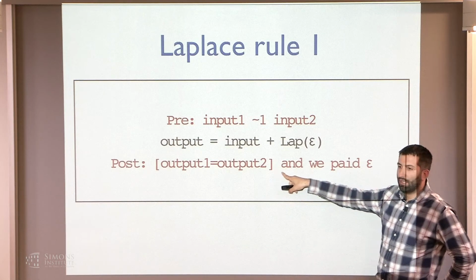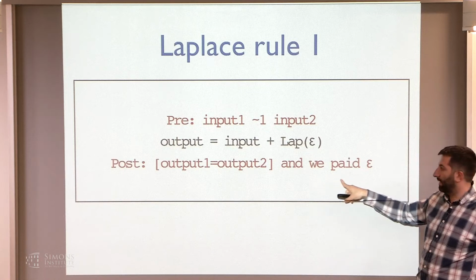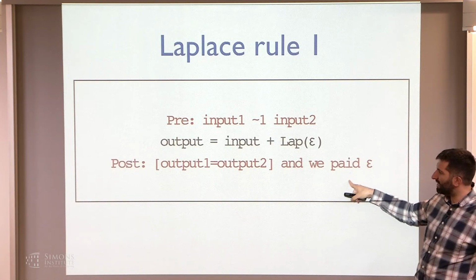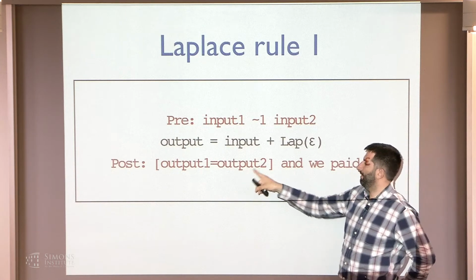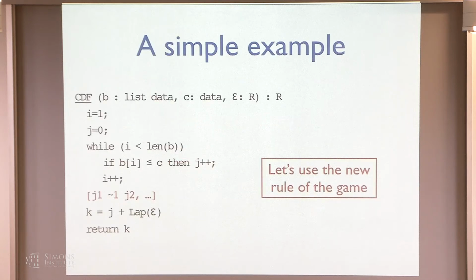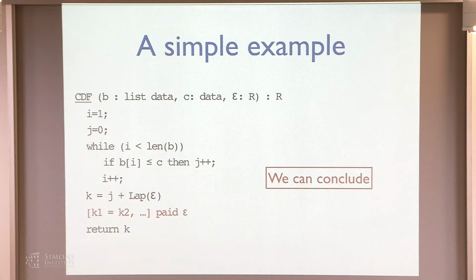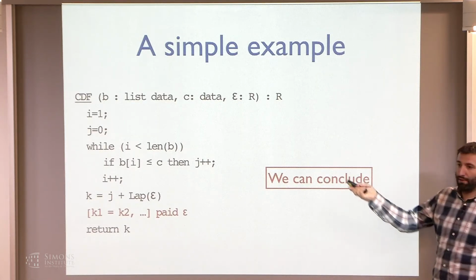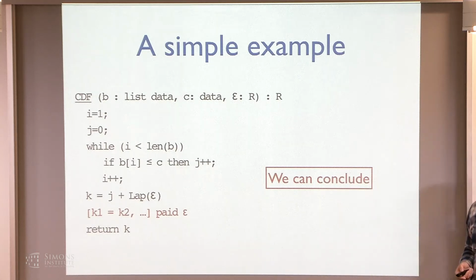But for the rule, mainly we get this: by paying epsilon, we cannot distinguish the outputs anymore. Now, by applying this rule, we get that the output cannot be distinguished, and so we are done. We proved this is differentially private, because that was our goal.